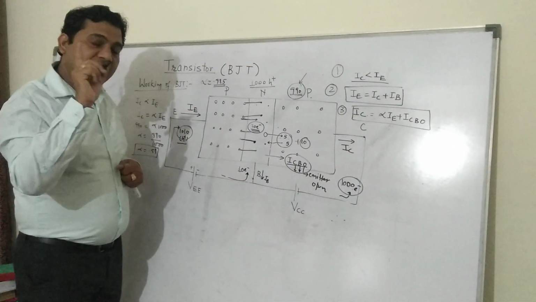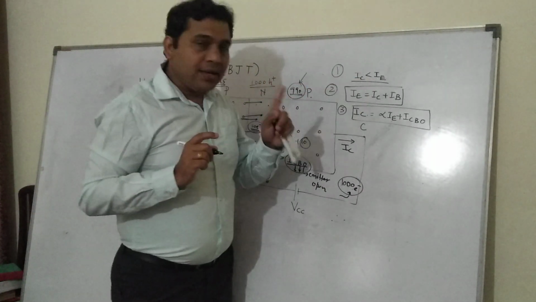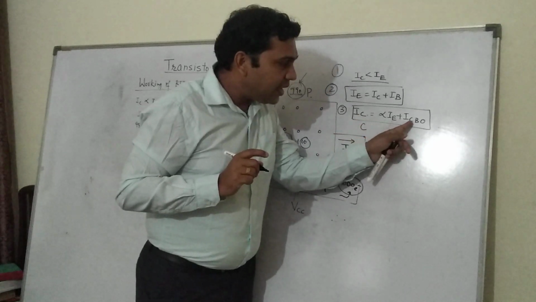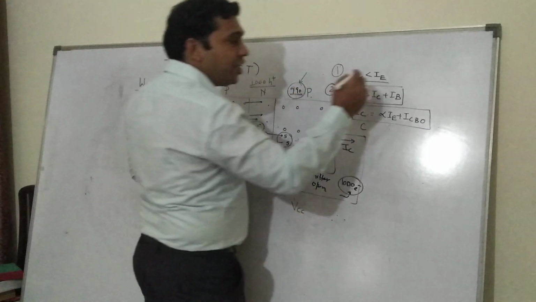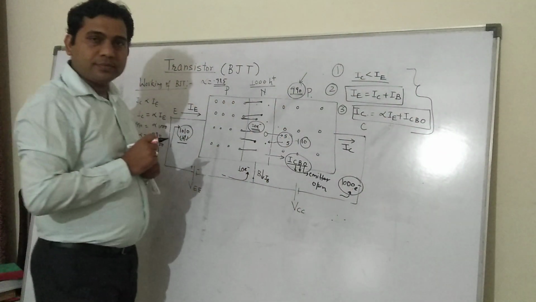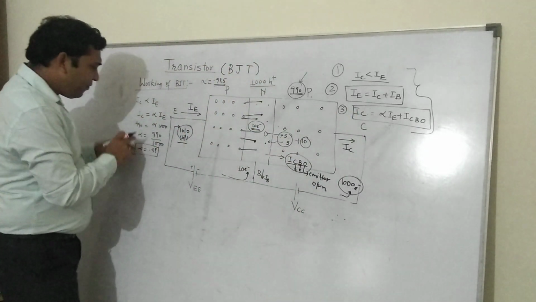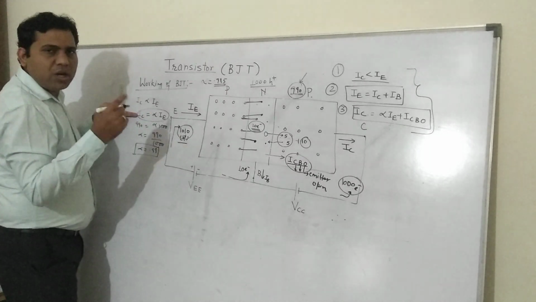These three things are very, very important: IC is less than IE, IE is equal to IC plus IB, and IC equals alpha IE plus ICBO. These three equations you need to remember always. Alpha is basically the ratio of IC over IE. You can call it like this also.